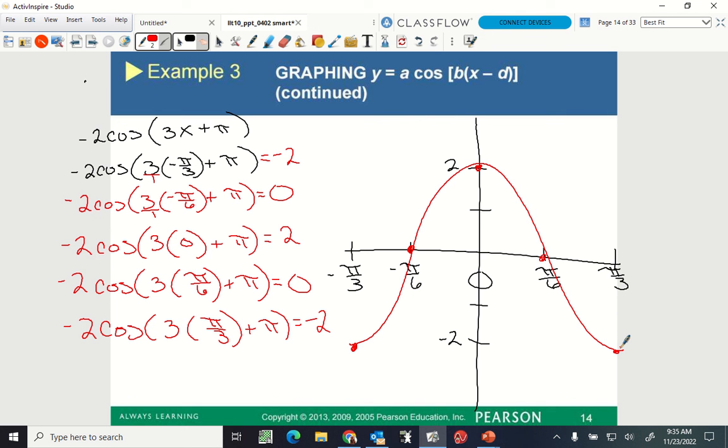So if I'm starting at negative 2, the next one has to be 0, and then it keeps going up to 2. After it hits the maximum, it goes down to the midline, and the next one after that has to be down to the minimum again. There is a pattern. It is a wave. You can predict where it's supposed to be, so your math has to match that. Does that make sense? Hopefully.